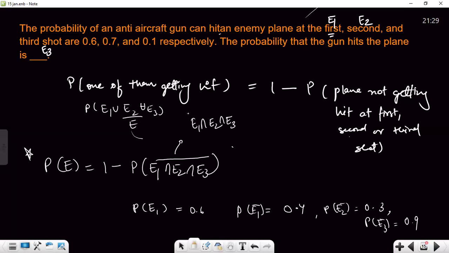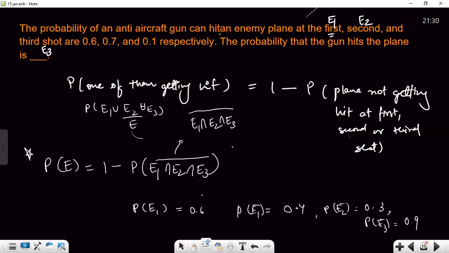If I take the whole conjugate, it means that the plane didn't get shot all three times. But we are discussing just the plane not getting hit at first, second, or third. It should not just get hit.